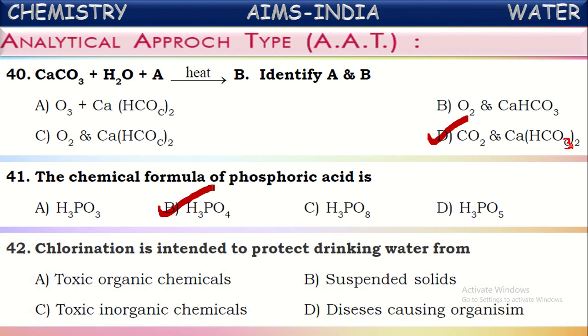Next, chlorination is intended to protect drinking water from. Generally, chlorination is a process which is used to kill the disease causing organisms present in the water. So, chlorination is intended to protect the drinking water from disease causing organisms, germs, and bacteria. Okay, this is the correct answer.